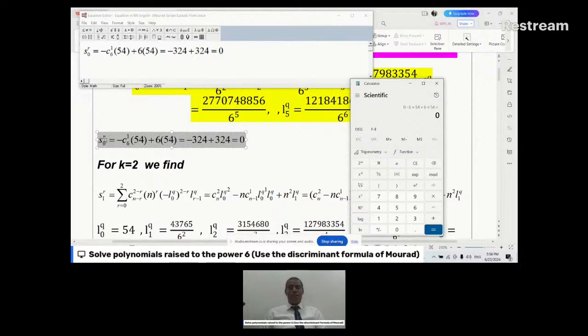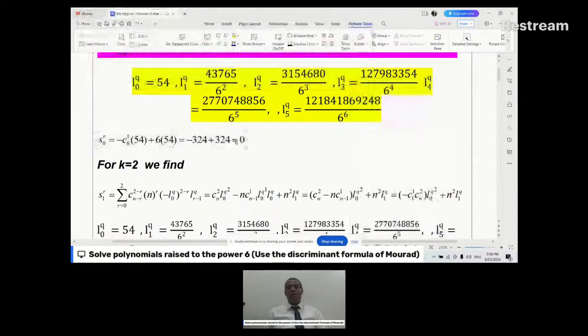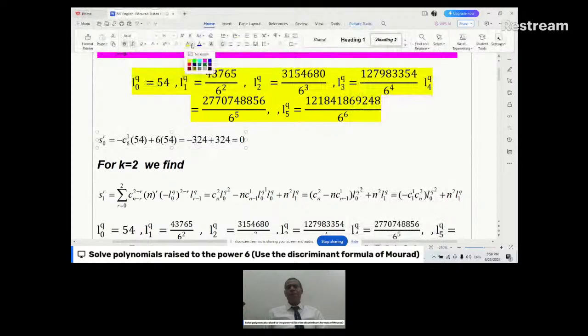So I will close this one, learners. We calculated the value of S0 of order r, which is equal to 0. I will give it blue color if it is possible.